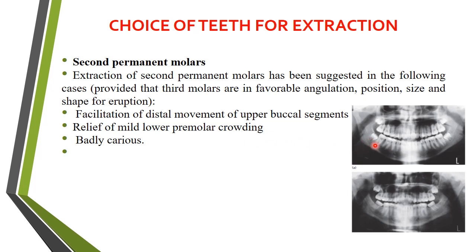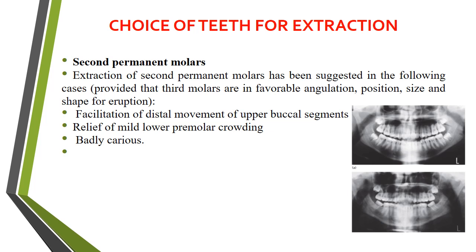The first indication is the facilitation of the distalization of the upper buccal segments. In cases of class 2 malocclusion, when we want to correct the sagittal inter-arch relationship by distalization of the maxillary buccal segment teeth, we need to extract the second permanent molar if we want to gain more space.